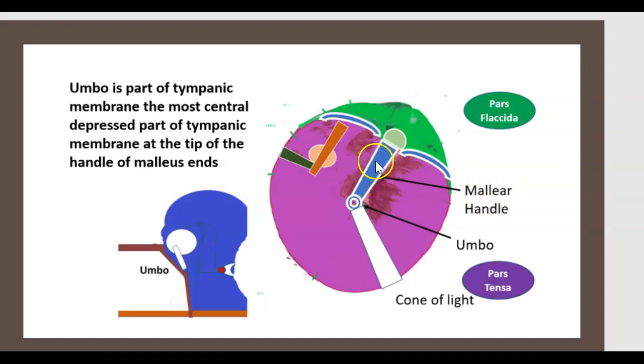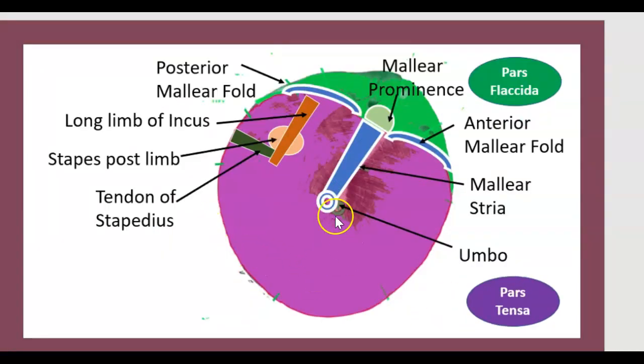The malleal handle is the umbo and the cone of light. Pars tensa, pars flaccida. The posterior mallear fold and the anterior mallear fold.